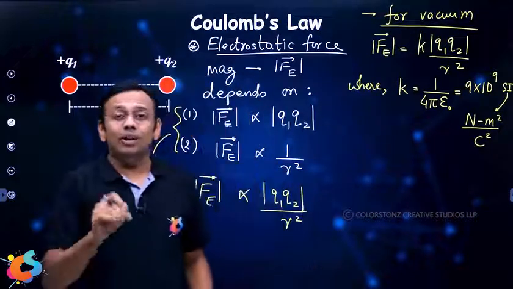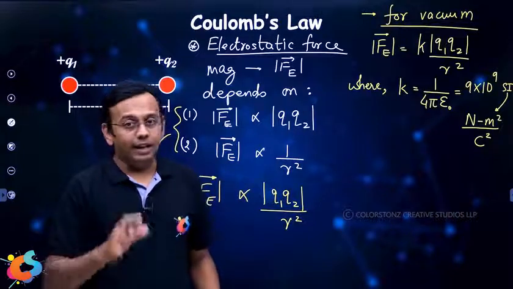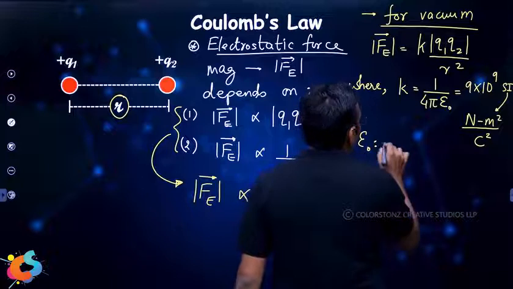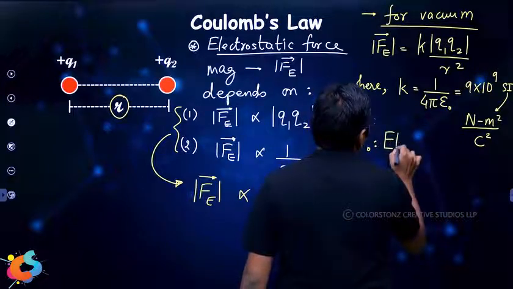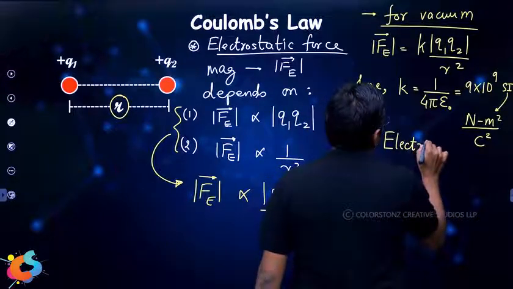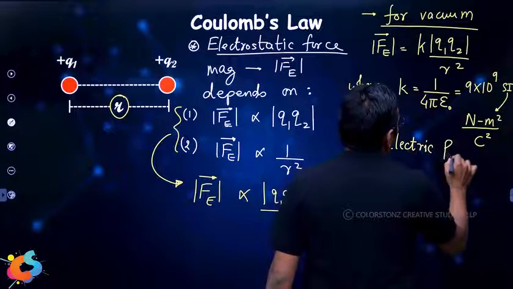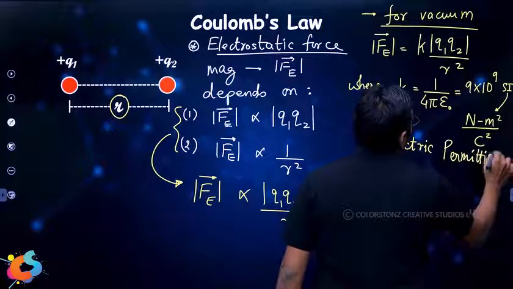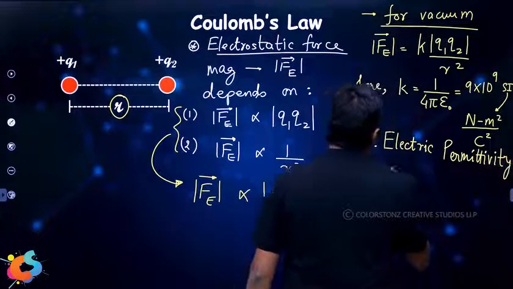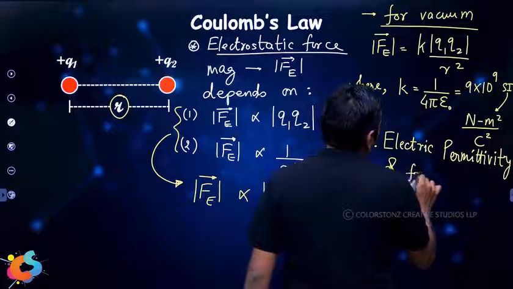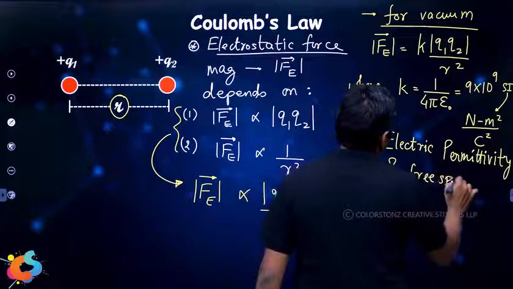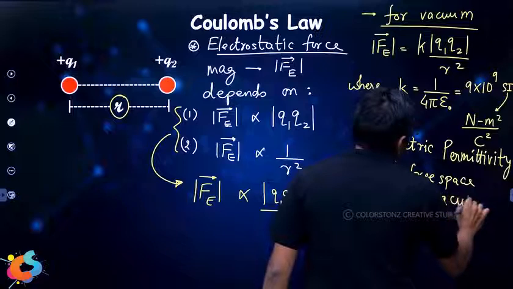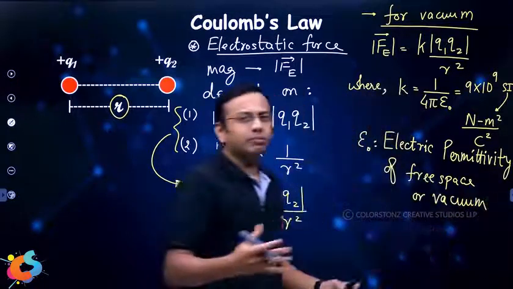This epsilon naught is also given a special name. This epsilon naught is what we call the electric permittivity of free space or vacuum. Free space and vacuum mean the same thing.